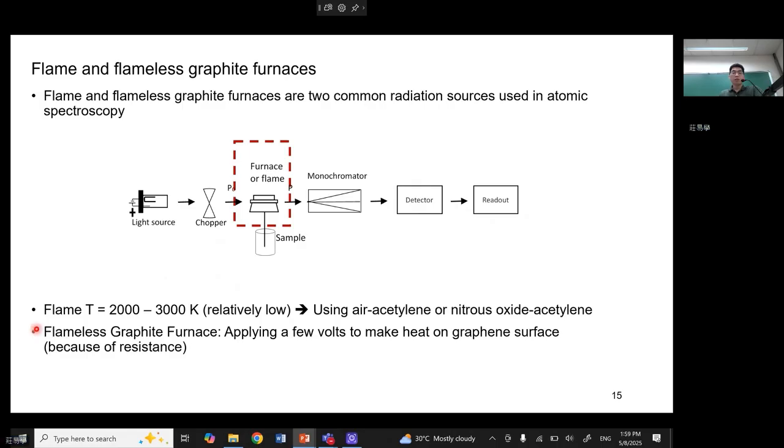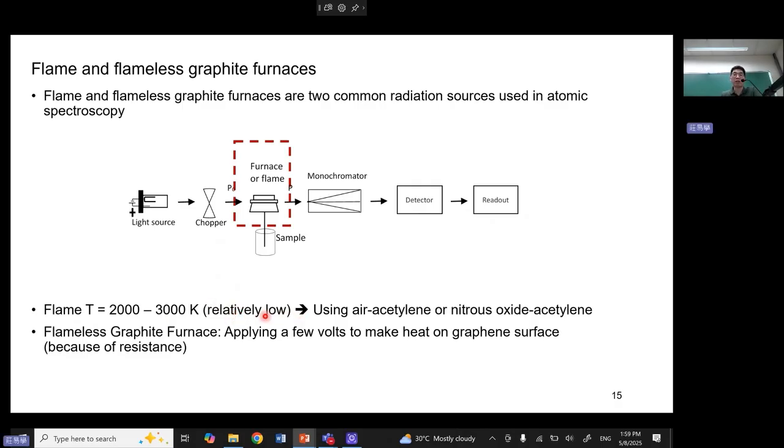Okay, so to sum up, in FAA, the temperature supplied by the flame ranges around 2000 K to 3000 K, which is relatively low.